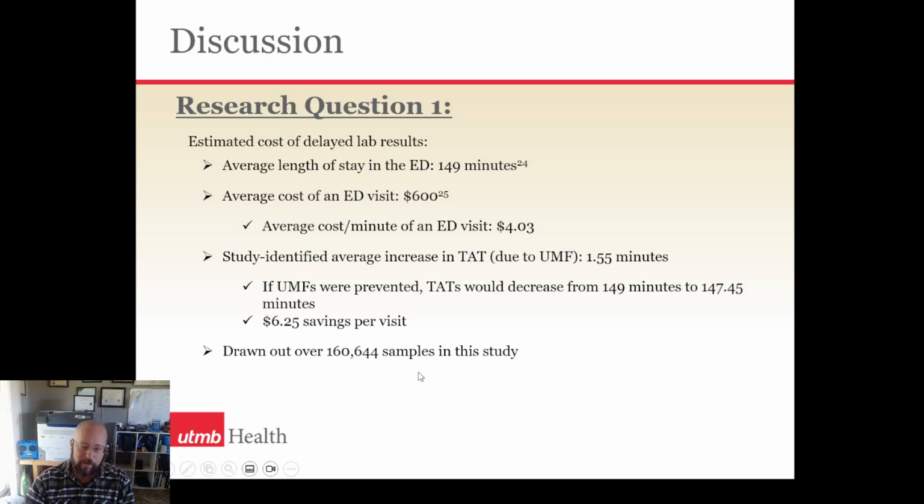Of course, we draw this out over 160,000 samples in the study, gives you a potential savings of over $1 million. Now, of course, this is really back of the napkin type of calculation. It would really depend on when those failures occur, the acuity of the patient.